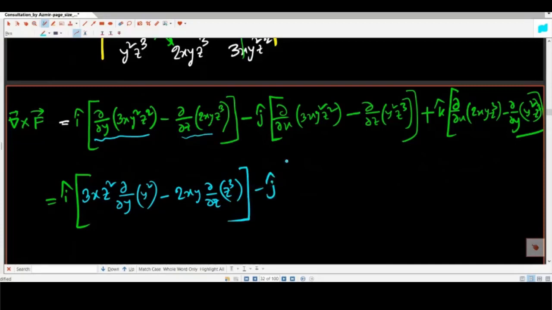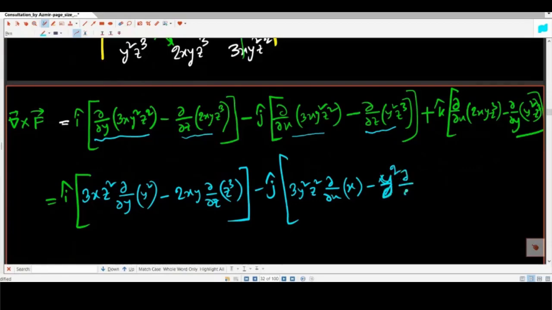Negative j. Differentiation of this part in terms of x. So y and z will be constant. 3y squared z squared has been pulled out. We have just x. Negative. We are differentiating in terms of z. So y is constant. Therefore, y squared is constant. ddz z cubed.